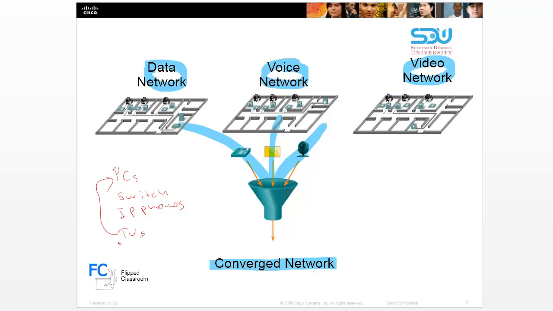In this case, you are not going to have a lot of cables interconnecting your different networks, but you will have a single network. As an example, your network can use Ethernet technology, and it can converge all the networks together.